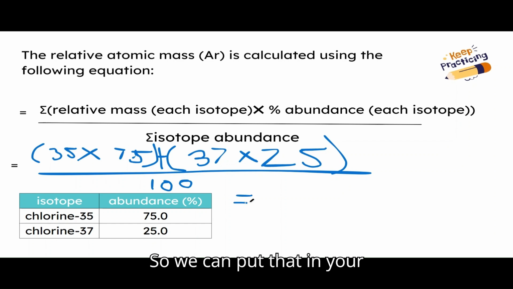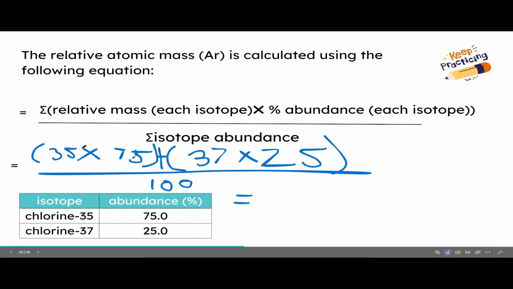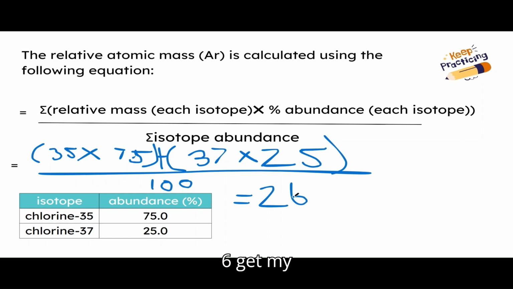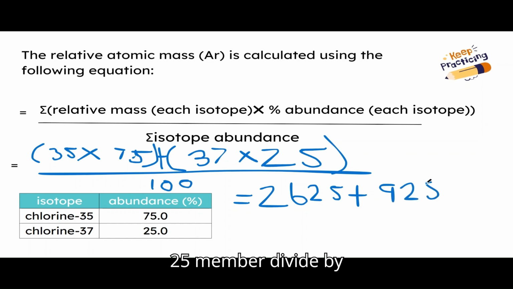So we can put that in your calculator. 35 times 75 would give us 2,625, plus 37 times 25 will give us 925.